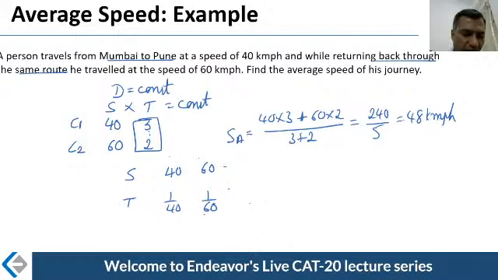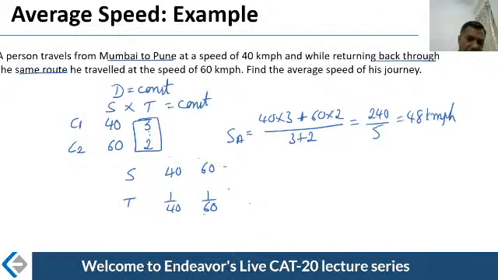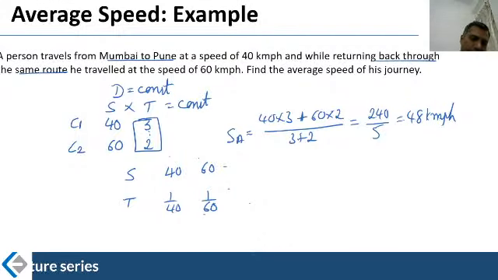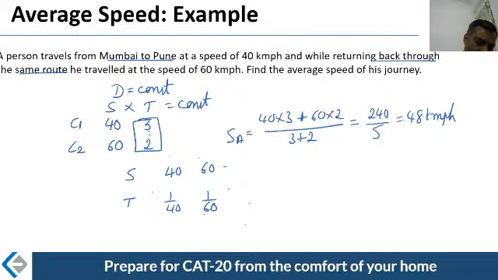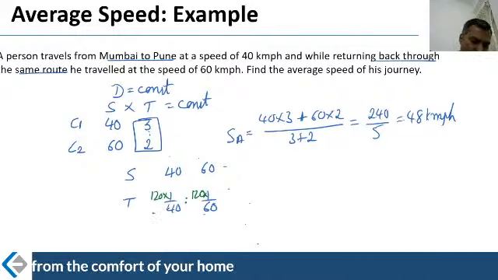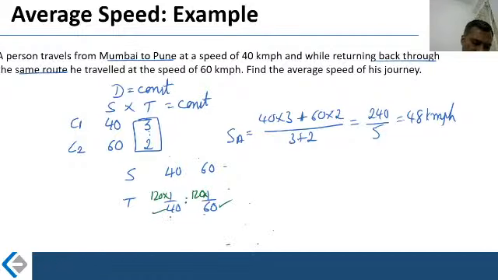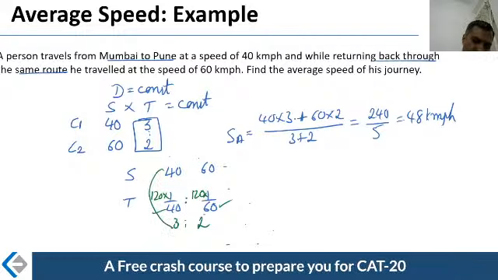Take the LCM of 40 and 60, which is 120, and multiply throughout by 120, because you don't want to multiply by fractions. Anyway, it's a ratio. You'll get the time ratio as 3 and 2. Then 40 into 3 and 60 into 2, that representation is also fine.